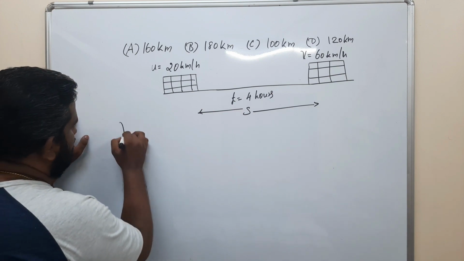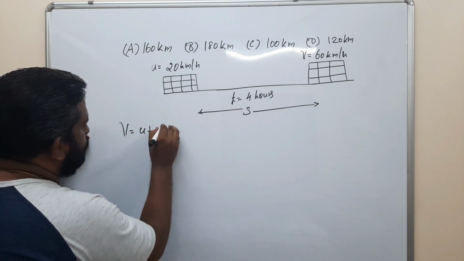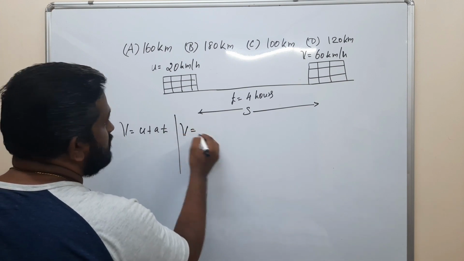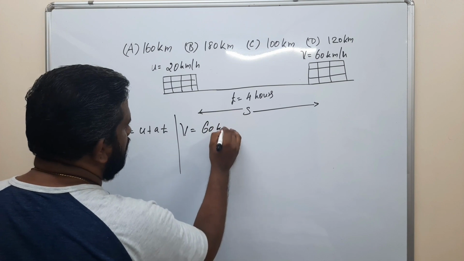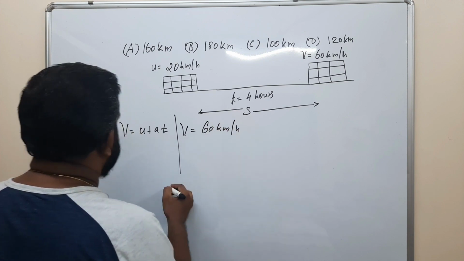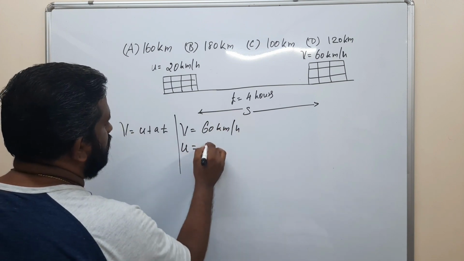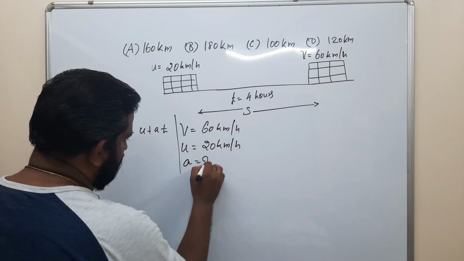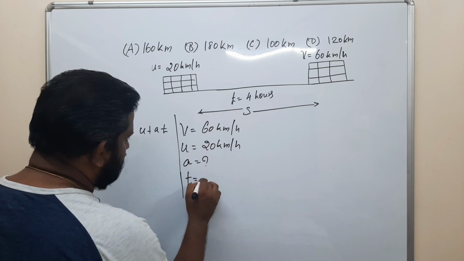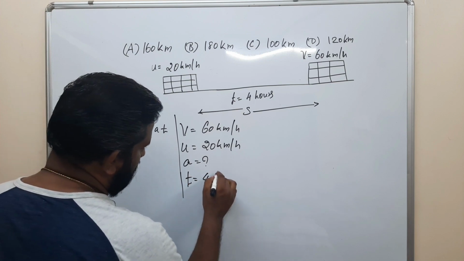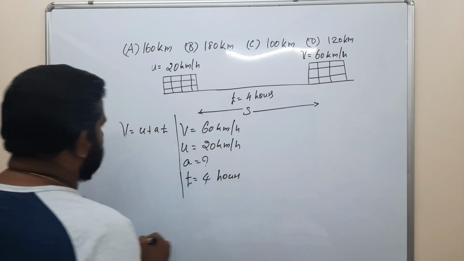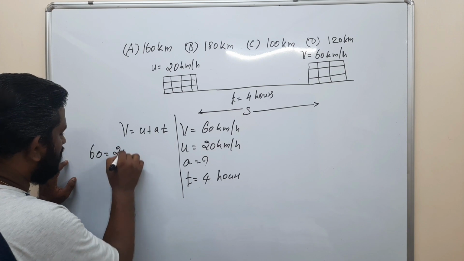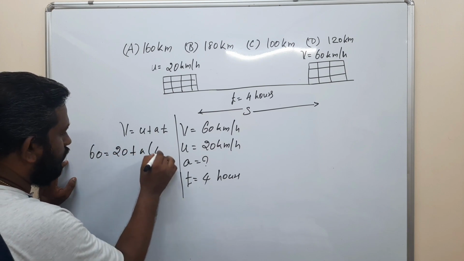First I am using the kinematic equation, V is equal to U plus AT. V is the final velocity, that is 60 km per hour. U is the initial velocity, that is 20 km per hour. Acceleration we have to find out, and time t is 4 hours. So substitute the values. 60 is equal to 20 plus a into 4.